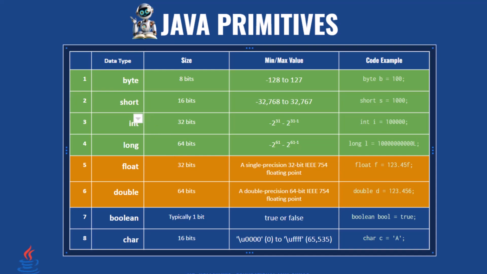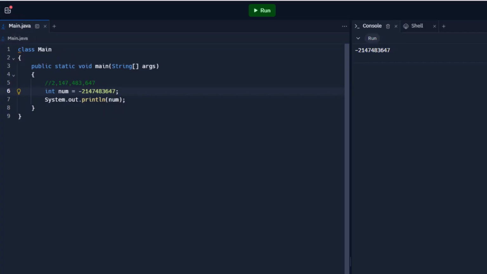Now, the last thing I want to show you is, out of the primitives, let's just focus on this. What I want to do is find out the maximum number. And Java has a way of telling me the maximum number I can get. I just want to quickly show you this because this is pretty cool.